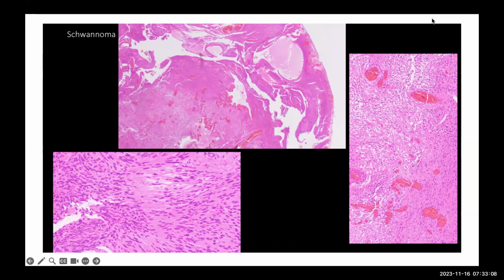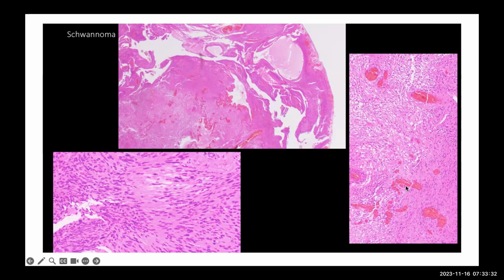There are some hemosiderin deposits, but this is distinctly cystic. On the right side, you see the Antoni A and Antoni B type. The Antoni B is on the left, loose. On the right side, there's densely woven Antoni A tissue. That's also typical for schwannoma.